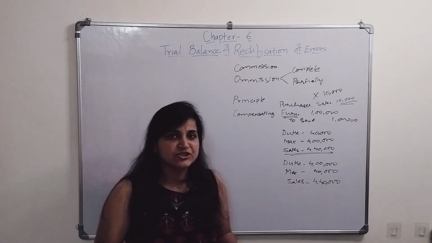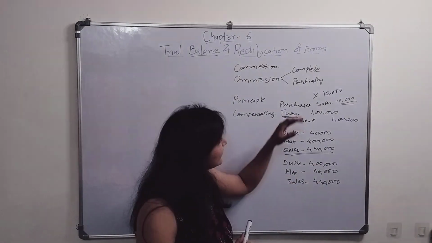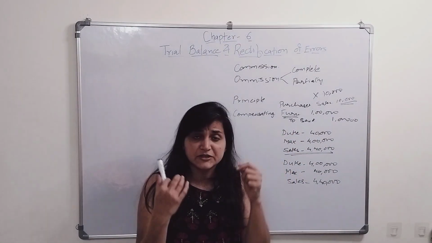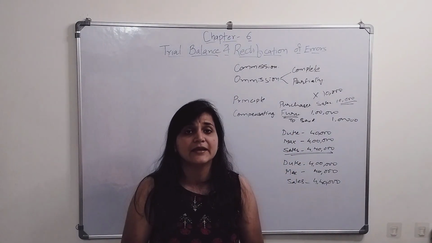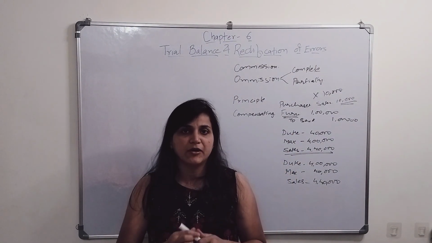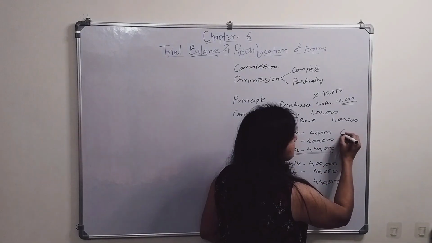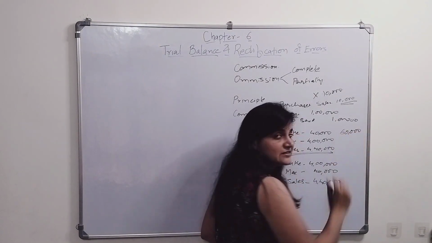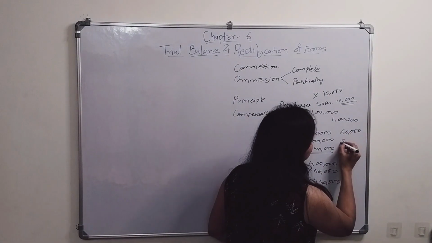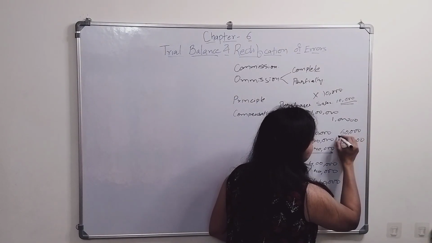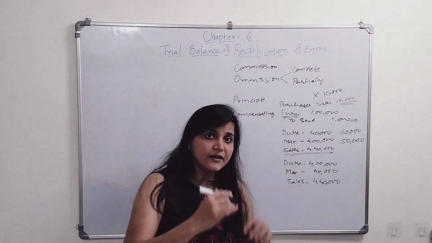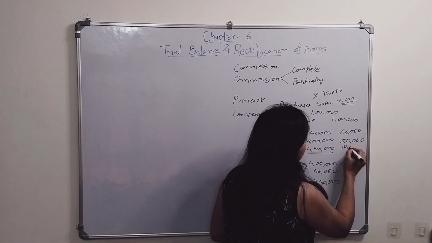Similarly, if I am purchasing something, take the example of this only. I have purchased something, I have shown a lesser amount, right? Let's say 60,000 worth of purchases I have done, but by mistake I showed it as 50,000, right? So this has been undercast by 10,000.